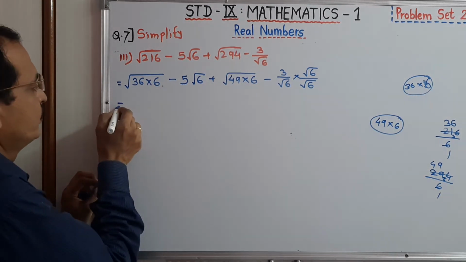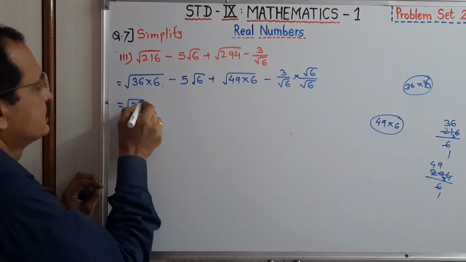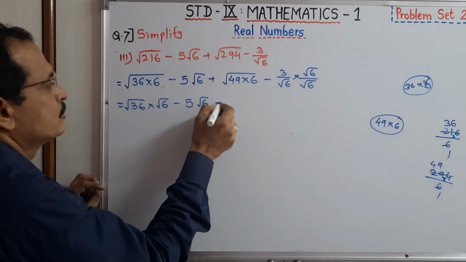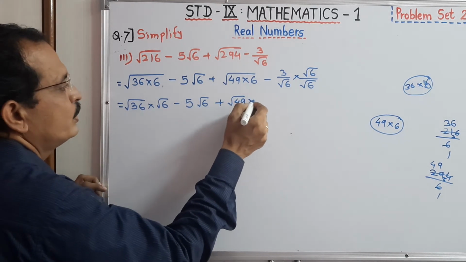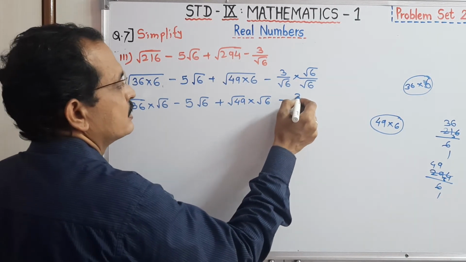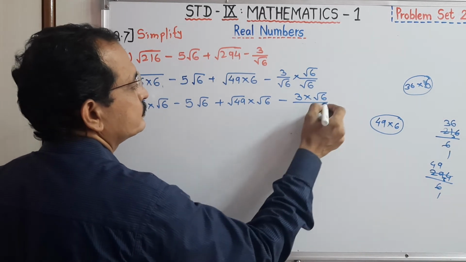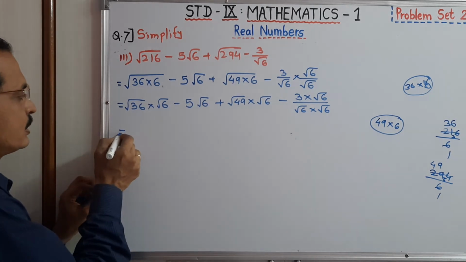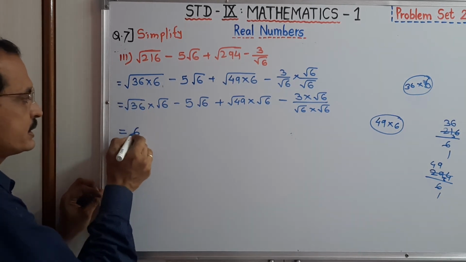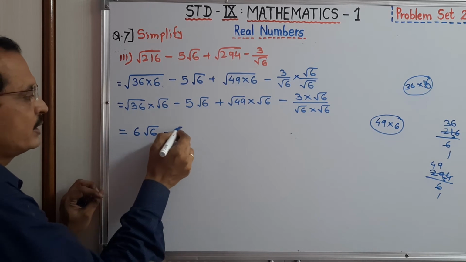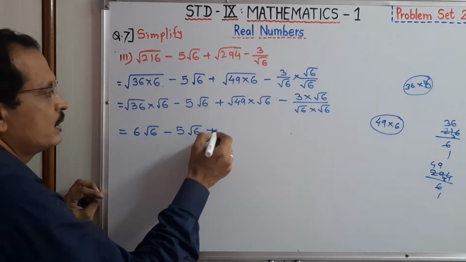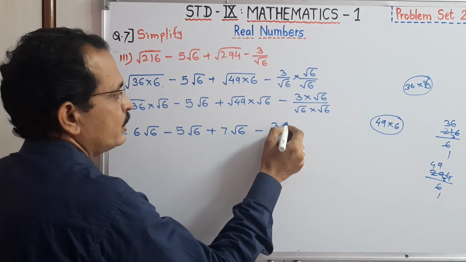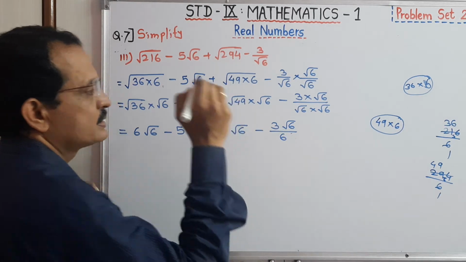Now, root 36 into root 6 minus 5 root 6 plus root 49 into root 6 minus 3 into root 6 upon root 6 into root 6. Now see here, square root of 36 is 6, root 6 minus 5 root 6 plus 7 root 6 minus 3 root 6 upon 6.